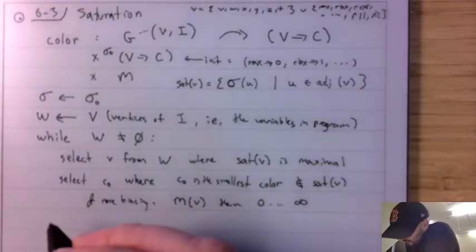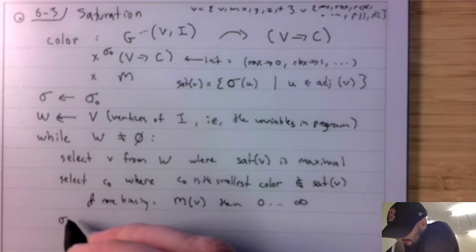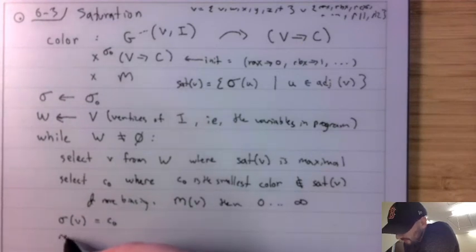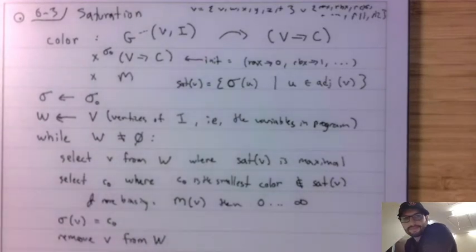Then what we do is we set row of V equal to C0, and we remove V from W. And then that's it. And then row is our answer.